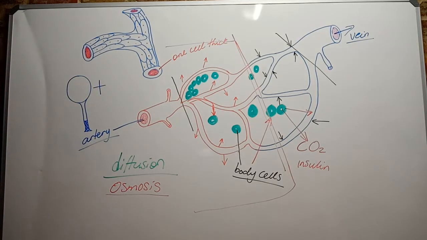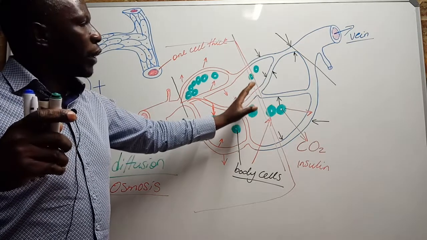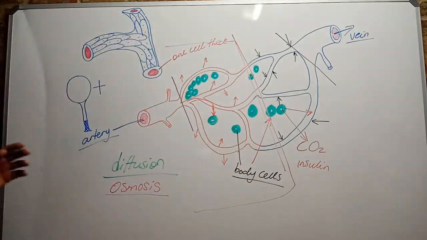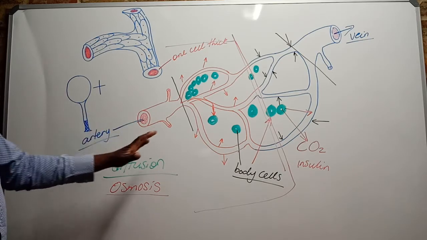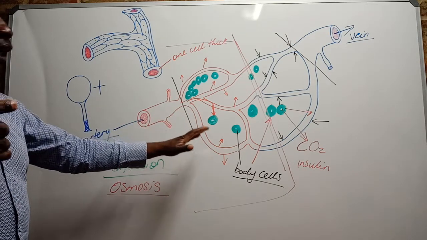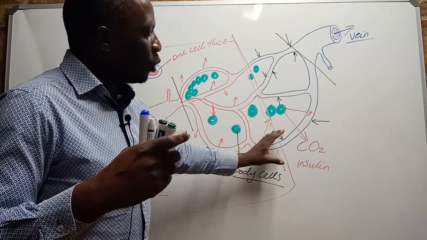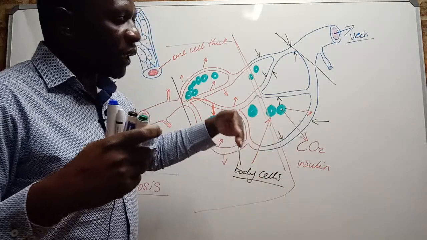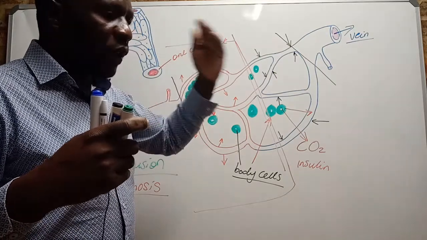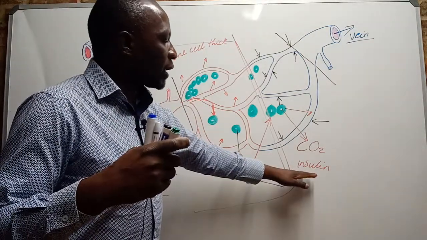We also need to understand that the veins will also carry away deoxygenated blood, which is high in waste products. The waste products from cells are carbon dioxide, which we normally breathe out, as well as insulin.